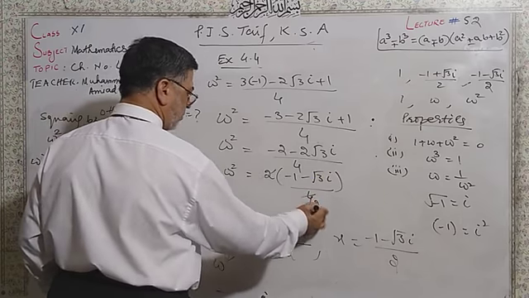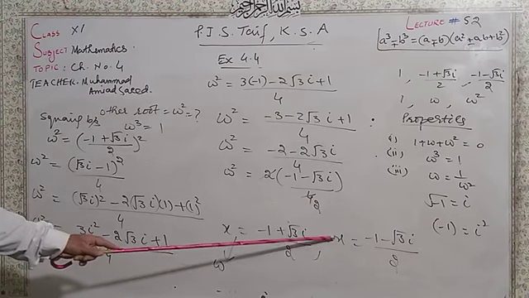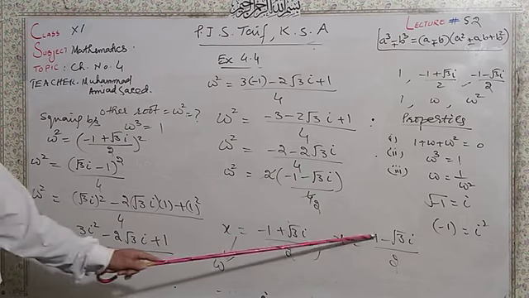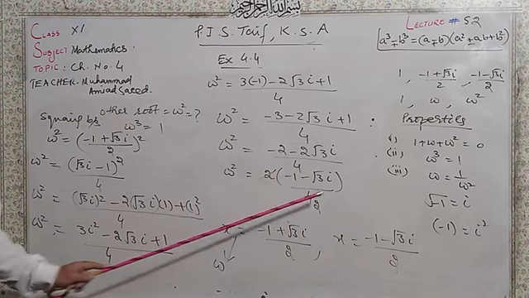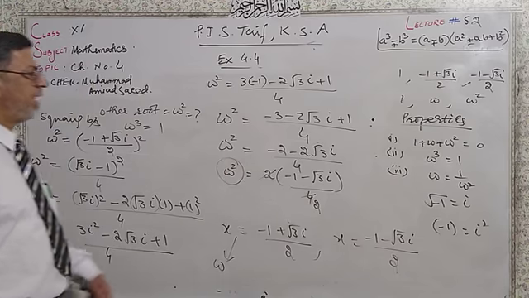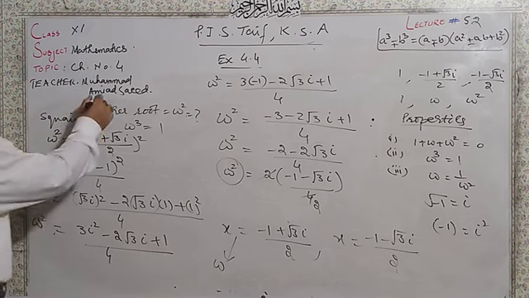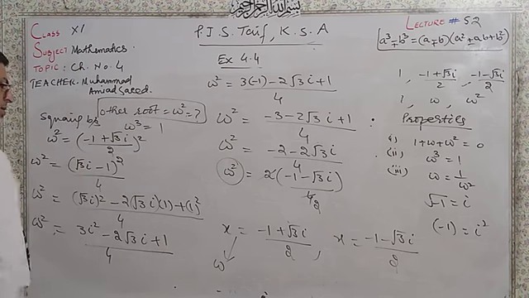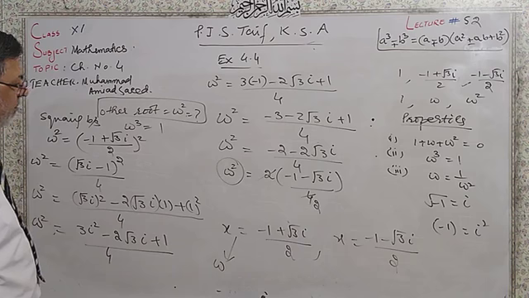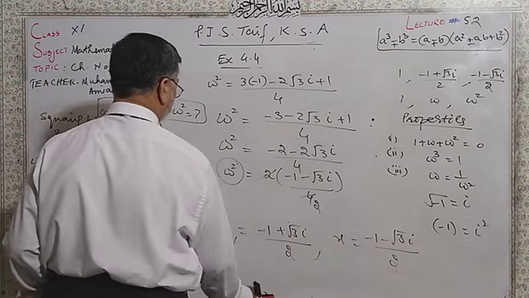This is cancelled out. And you can check the second value of x is (-1 - 3√ι)/2. That is omega square. That was the question. So the other root is omega square, so we have the second root as omega square of the given equation.